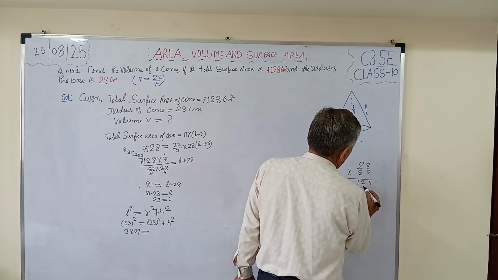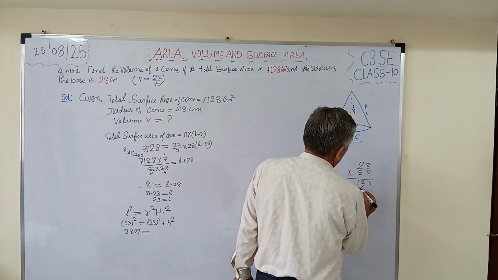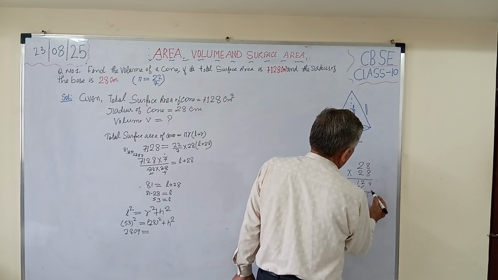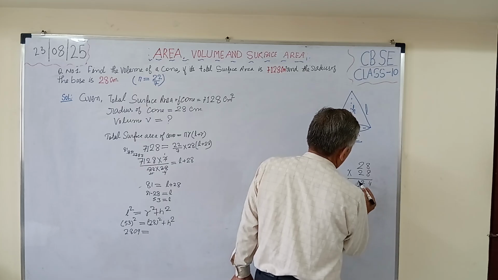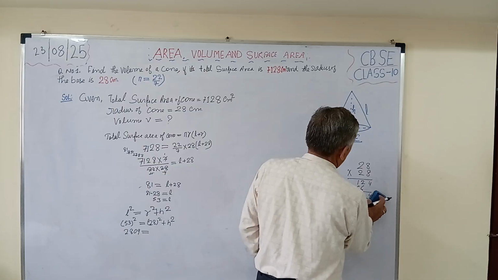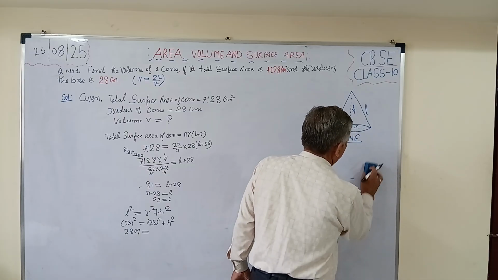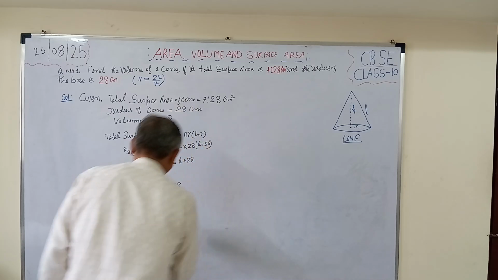Then 2 times 8 is 16, 2 times 2 is 4, plus 1 is 5. So this comes out to be 784. So the square of 28 is 784.